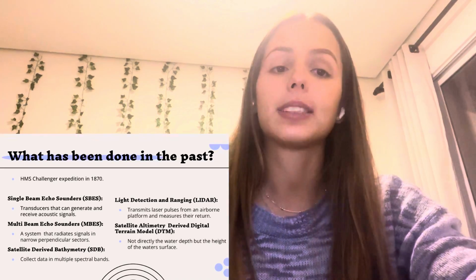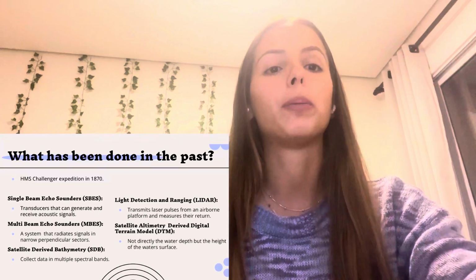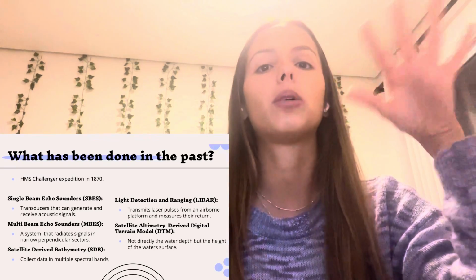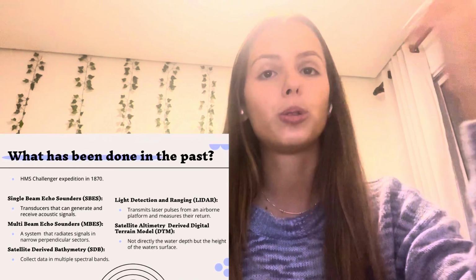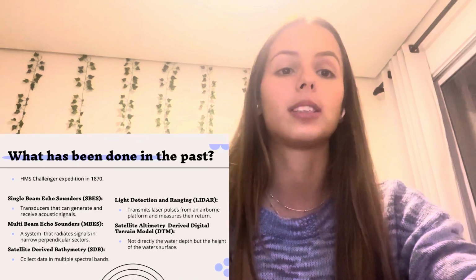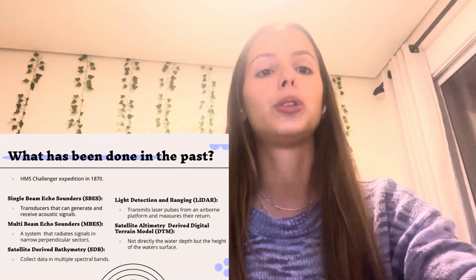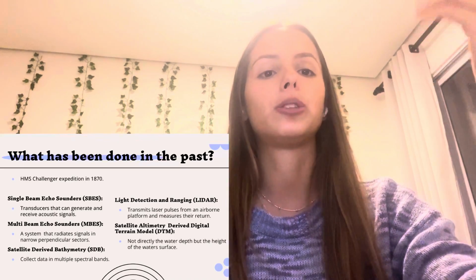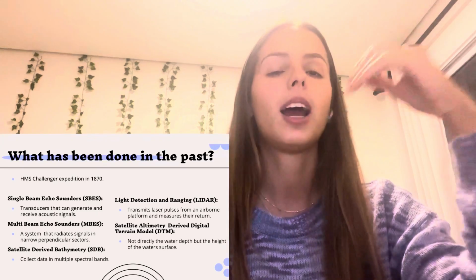Some examples of echo sounding instruments for mapping the ocean floor are the single beam echo sounders, the SBES, which are transducers that can generate and receive acoustic signals. When they were launched, it was a huge advancement over early equipment because they were far more accurate and efficient.